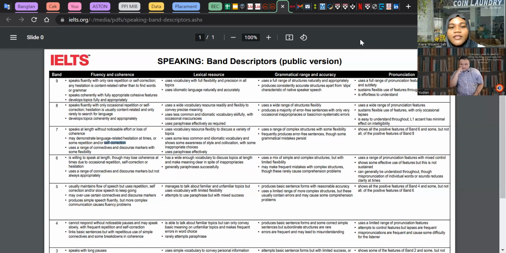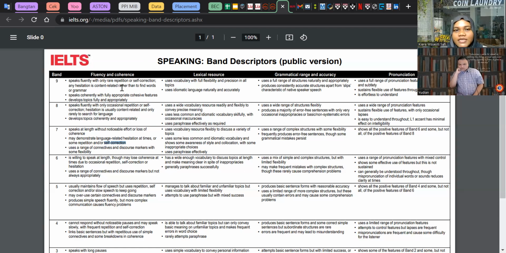But it doesn't mean that when you have this mix between English pronunciation and your Indonesian pronunciation, and you may also be from a city that has a strong accent that will affect your English speaking, that you will have a lower band, as long as you're also competitive in the other band descriptors.